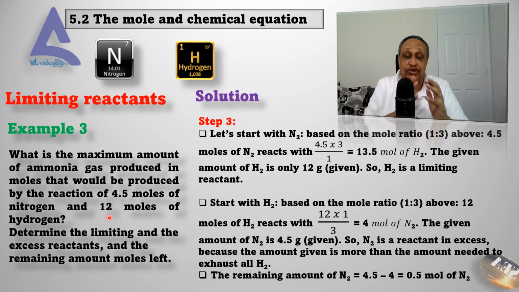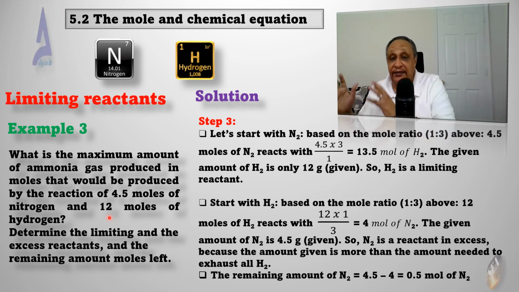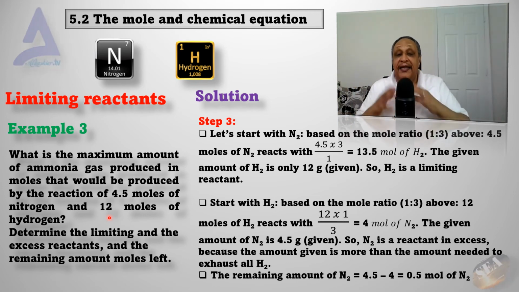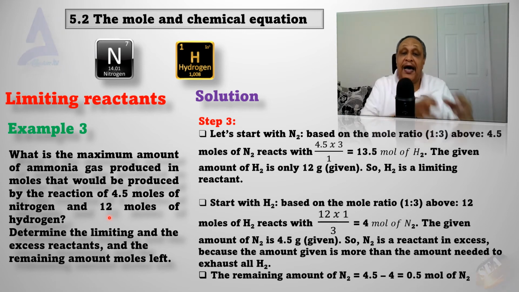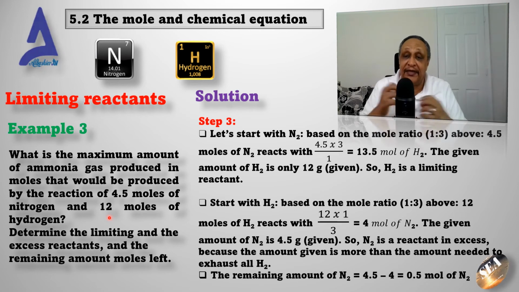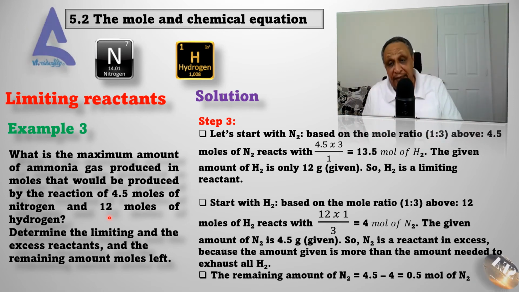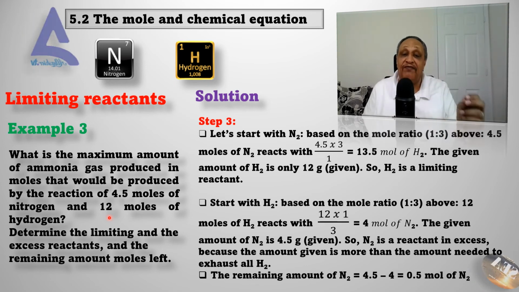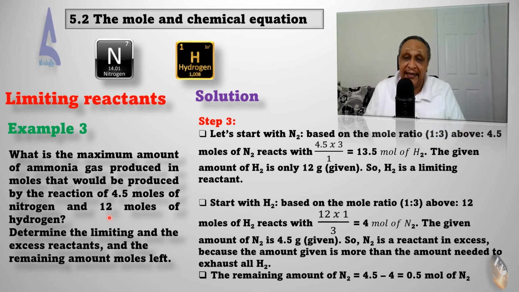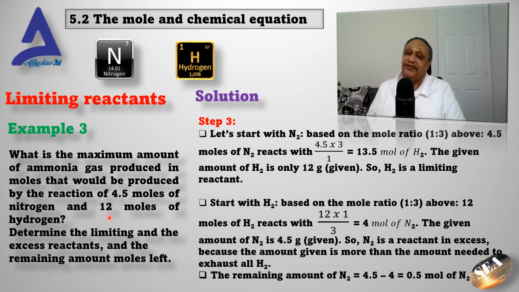I would like to use another strategy to confirm the result of the first strategy. Let me start with hydrogen, not nitrogen. Based on the information, the mole ratio is 1 to 3, I have 12 moles of hydrogen that react with 12 multiplied by 1 over 3, equal to 4 moles of nitrogen.